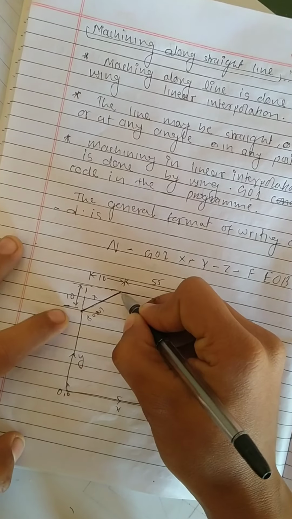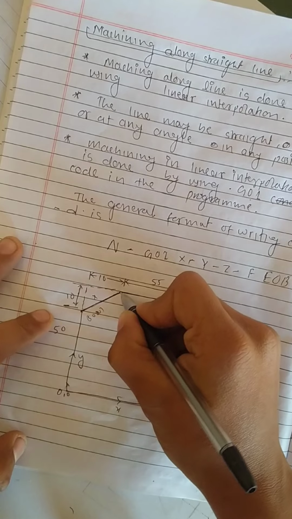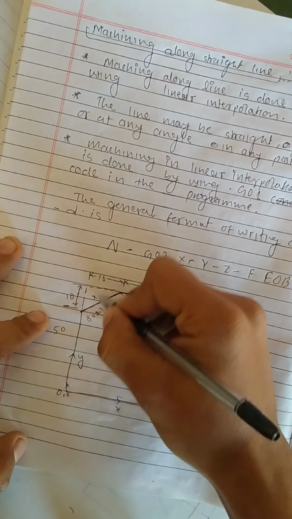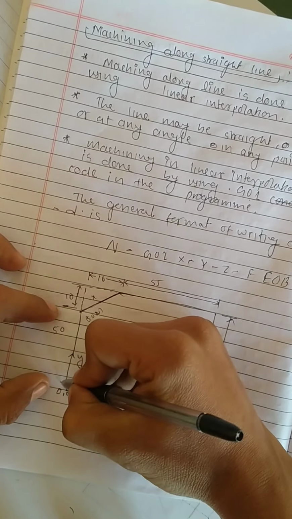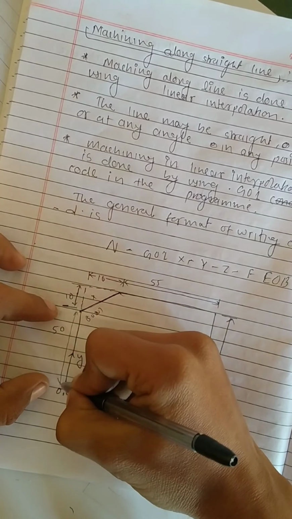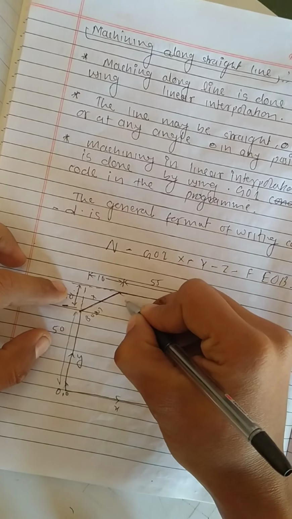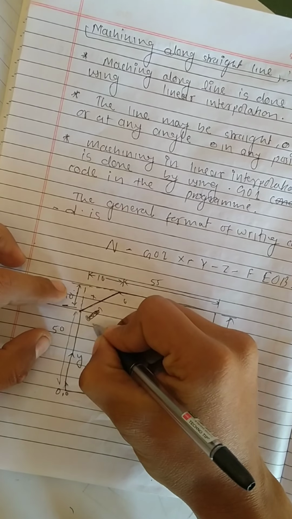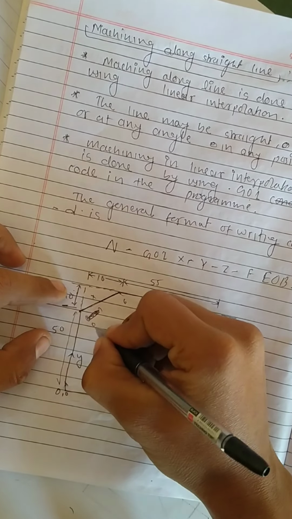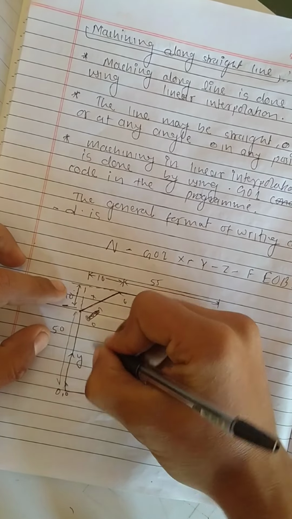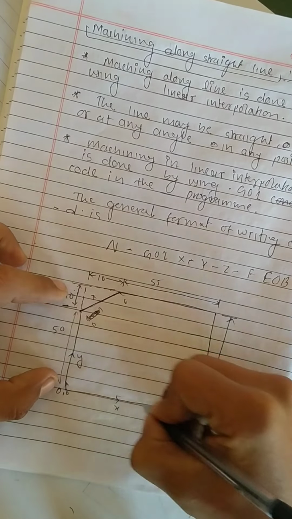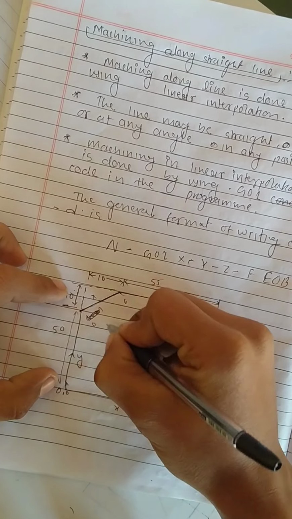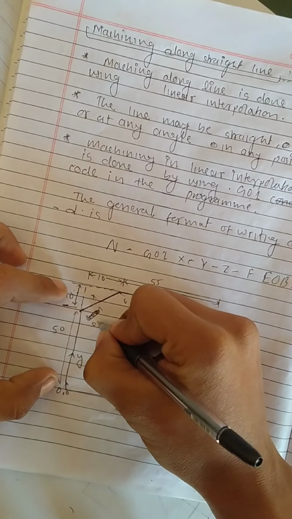Now we will give the next point. The height of this is 50. Sorry guys, I always forget: this is x, this is y. We are not moving in the x direction, so x is 0.